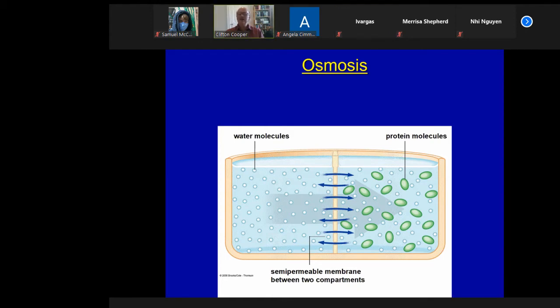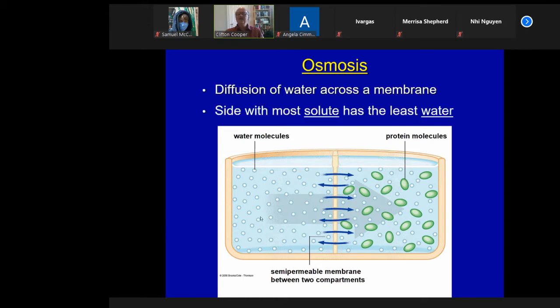If it's 100% water on the left, it's less than that on the right, because part of that is the proteins. Maybe it's 80% water on the right. The water has to spontaneously flow downhill from its high to its low concentration. So that's what will happen. Remember that if you have more solutes, you have less water. And right now we're talking about water movement.